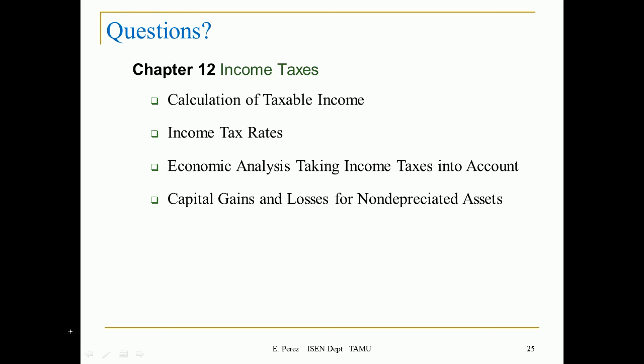The last thing we did was to mention what capital gains and losses are for non-depreciated assets and how those gains or losses are taxed. How do you apply taxes to those gains or losses? Okay, so essentially that concludes the lecture for income taxes.